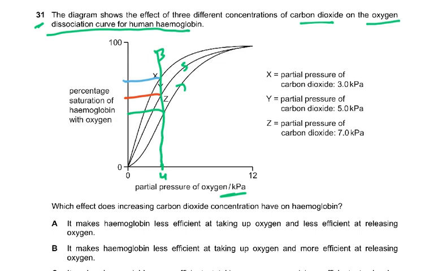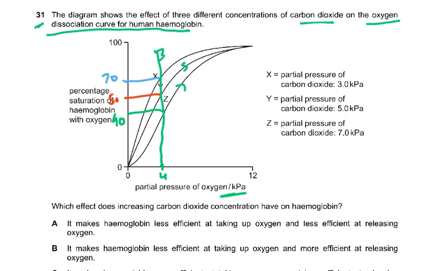So this one would be 40% Z. Then Y is about say 50%. And then X is 70%. So you can see how the percentage saturation is decreasing.